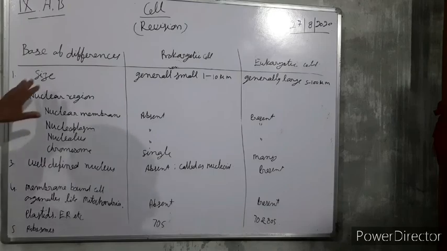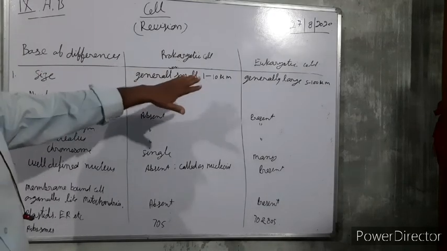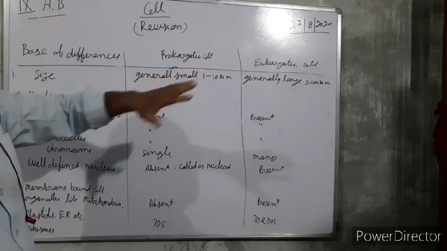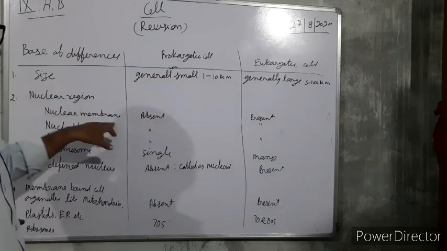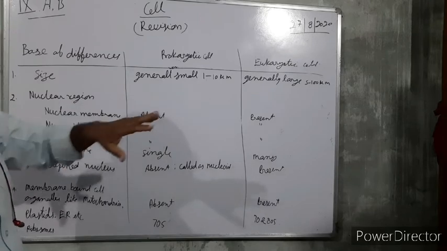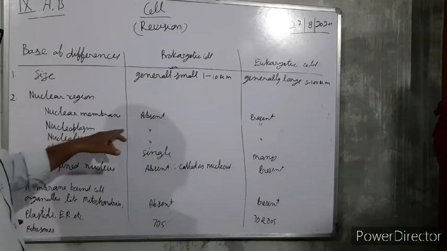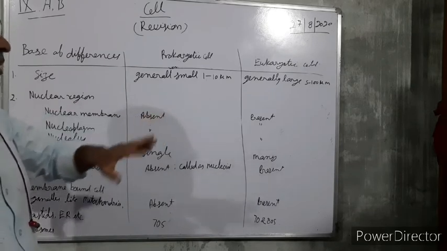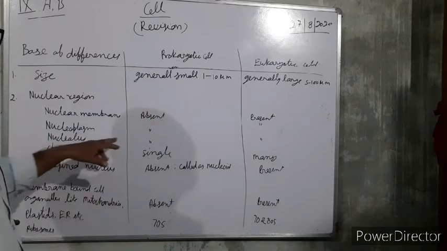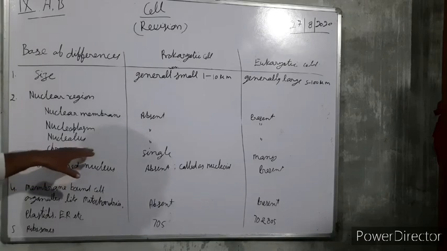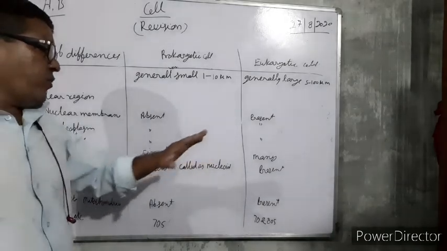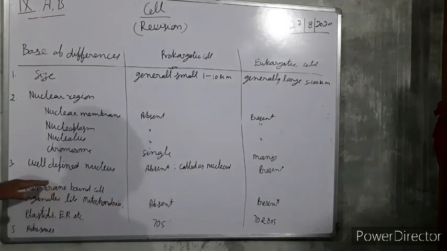So once again, in size we have studied: this is small, and the eukaryotic is large in size. In nuclear region, nuclear membrane absent, and eukaryotic cell present. Nucleoplasm absent, and eukaryotic cell present. Nucleolus absent, and eukaryotic cell present. Chromosomes, single and many.